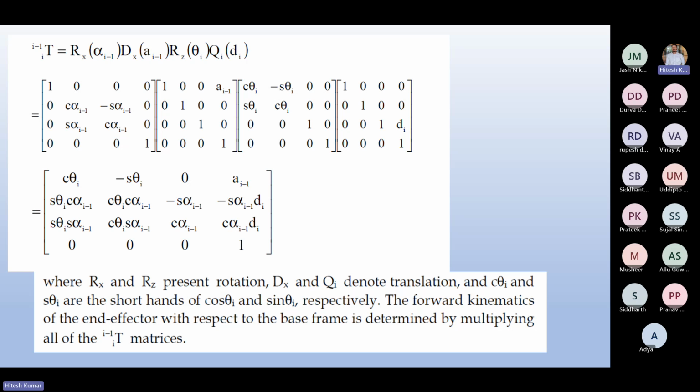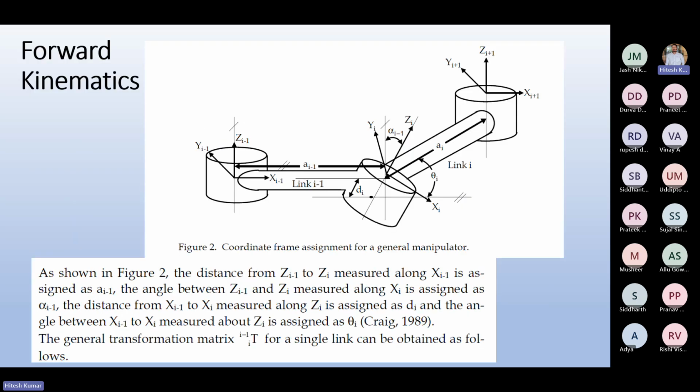What we have done here is we have transformed the ith element with respect to the I minus one element. Let's say suppose the base is this. If this is the base and the ith element is this one, what we are transforming is this with respect to I minus one.